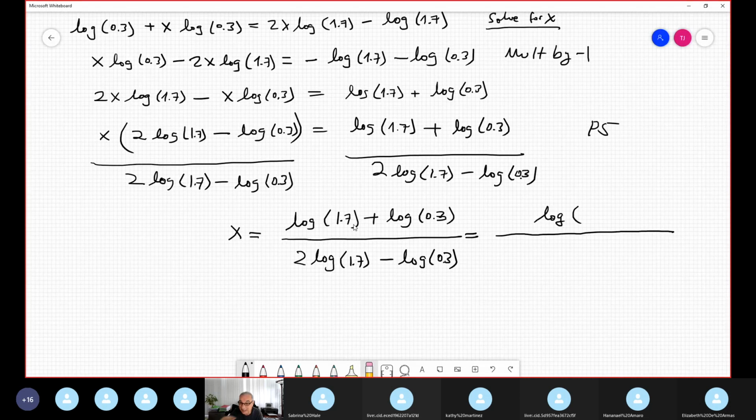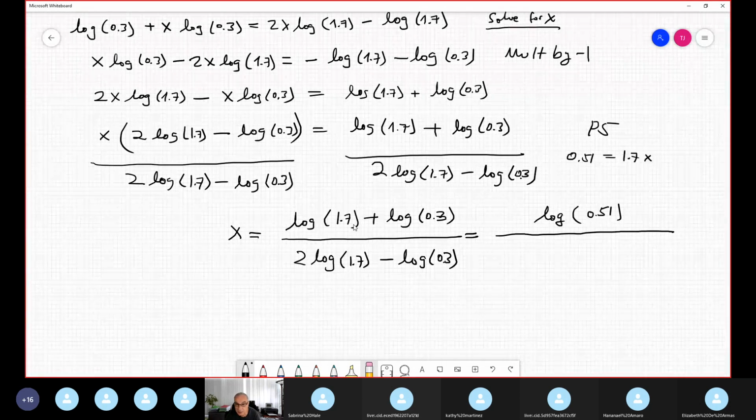Property 5 says when it's plus, it's multiplication: 1.7 times 0.3. Bang, 0.51. Where does 0.51 come from? It was the multiplication 1.7 times 0.3 in my calculator.